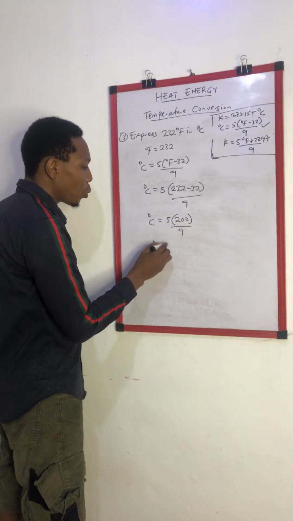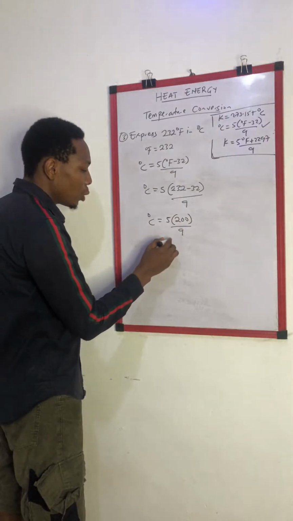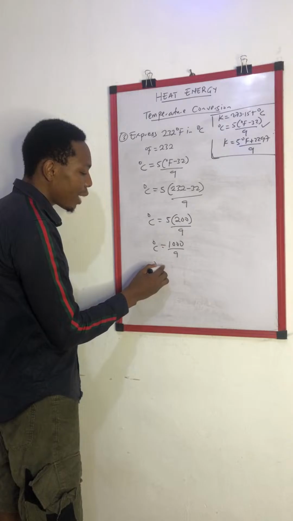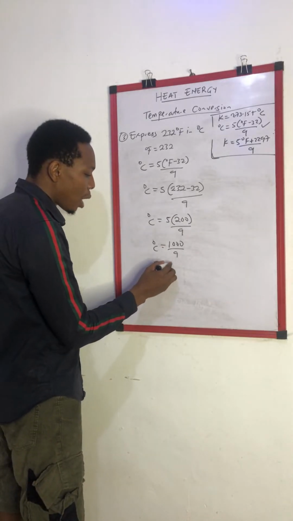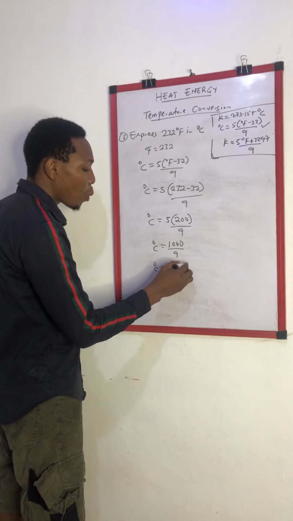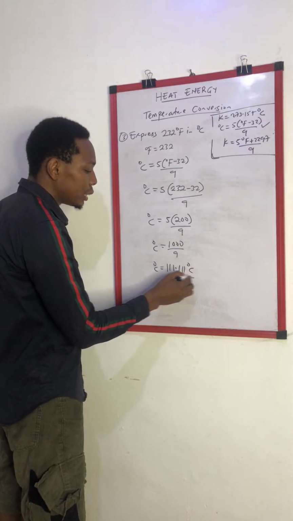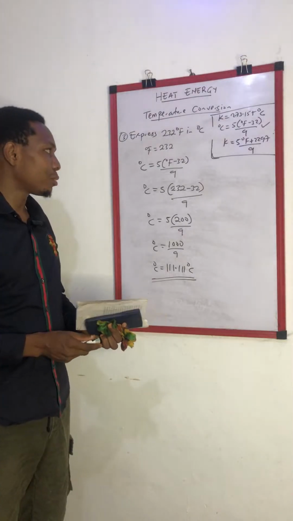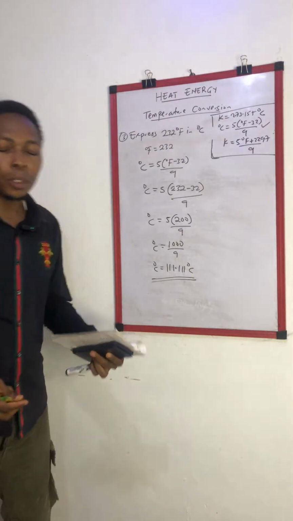So degree Celsius equals to 5 times 200 will give us 1000 all over 9. And 1000 divided by 9, we are going to have 111.111111 degree Celsius. Okay, so that is for that. So copy that.